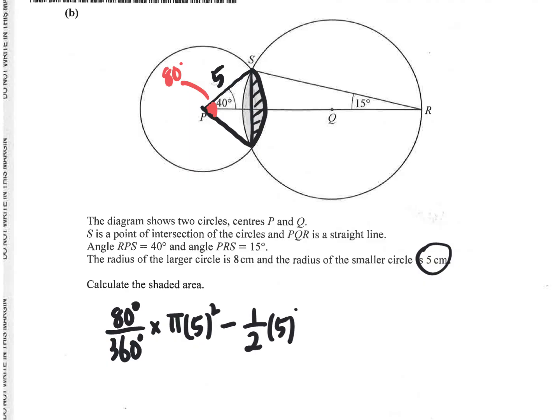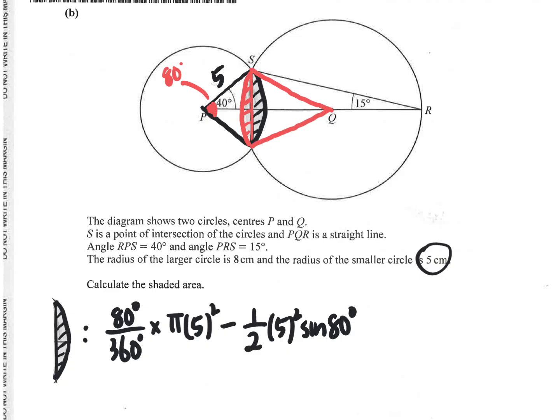So half AB sine 80. So this one helps me to find that small part. The half is the segment. So this one helps me to find this. I want the other side. So to find this other side, I need to draw my own sector.